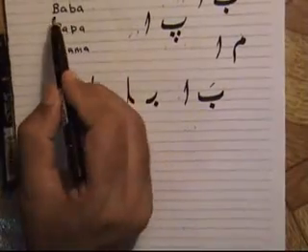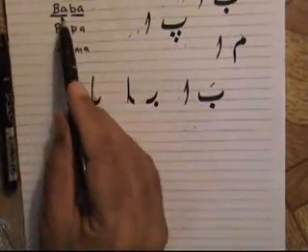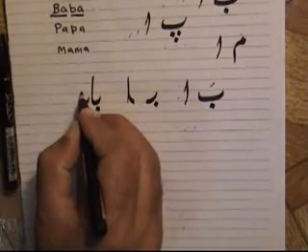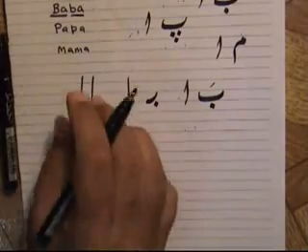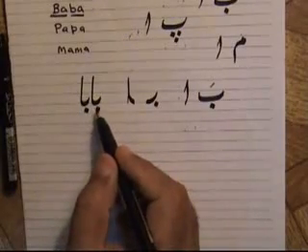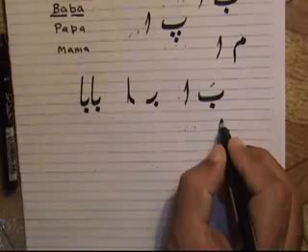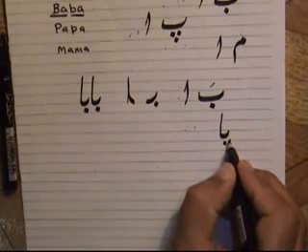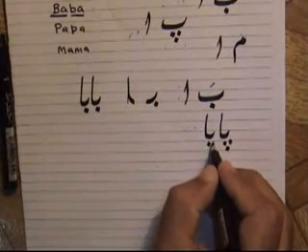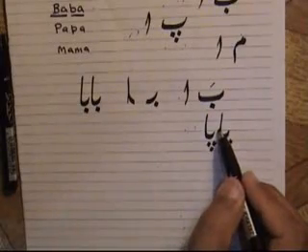Since we have to repeat this sound, there is a loop, Ba Ba. So we will repeat this so that it looks together. And for Papa, we will say Pa Pa, and here we are joining Pe with Alif.